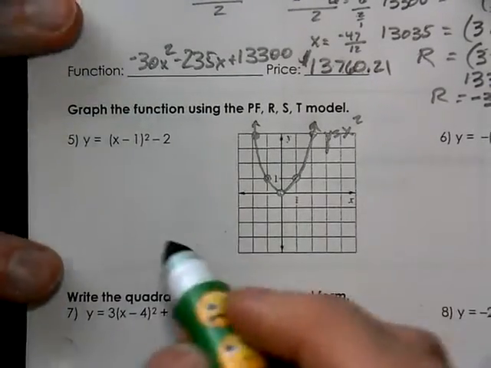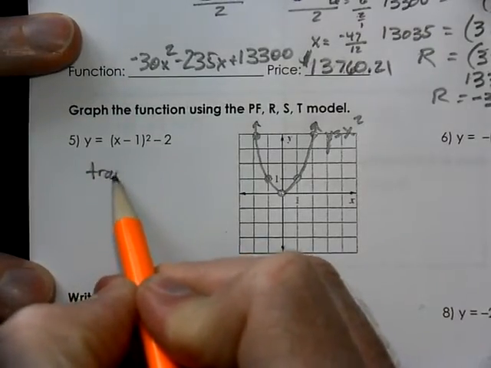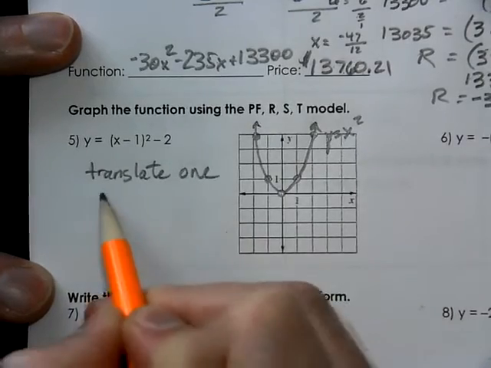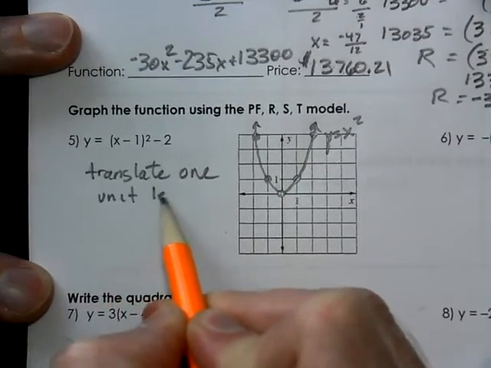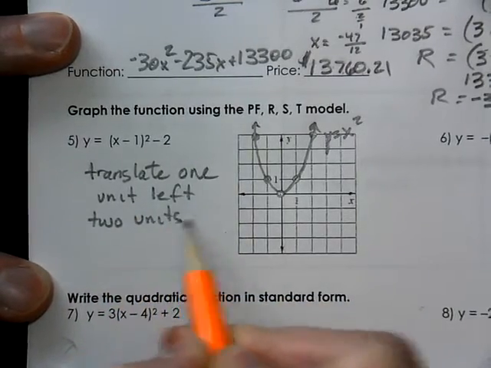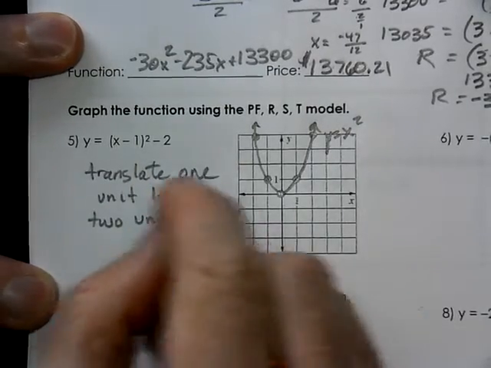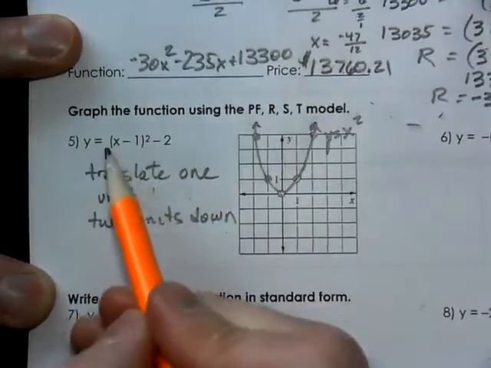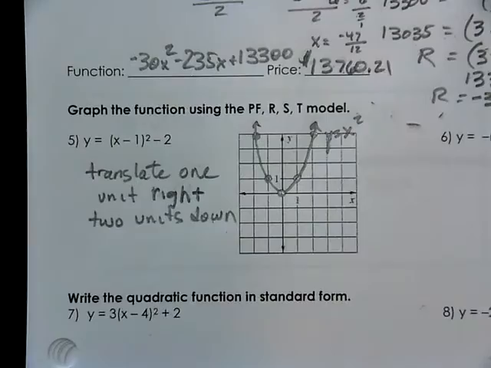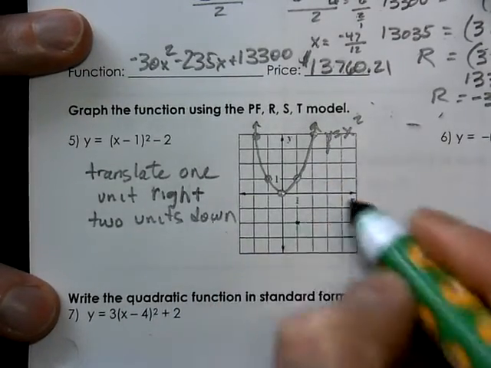So we'll take each one of these points and we will translate 1 unit left, 2 units down. Oh, I'm sorry. This is 1 unit to the right. It's always opposite of what's inside the parentheses. So 1 unit to the right and 2 units down.